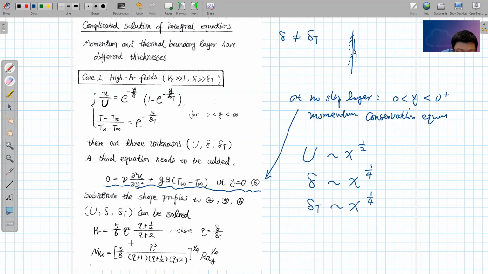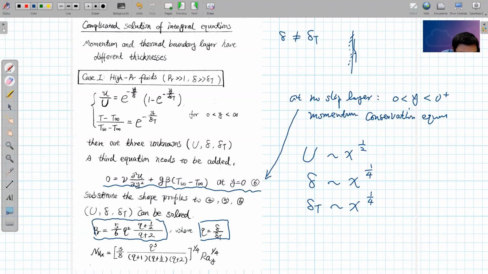And this q value, which represents the ratio between the velocity boundary layer thickness and the thermal boundary layer thickness, can be solved implicitly by this equation.